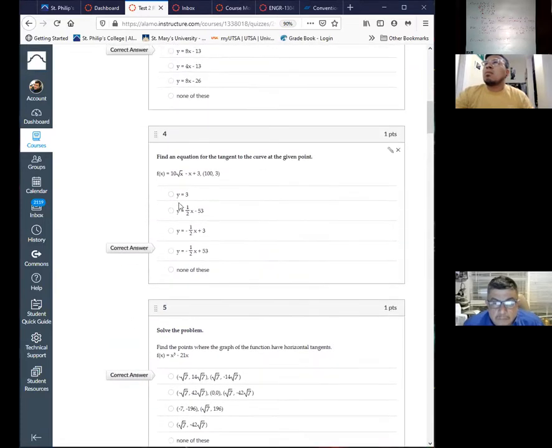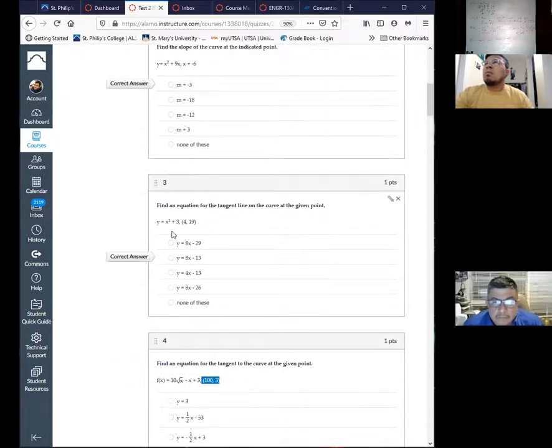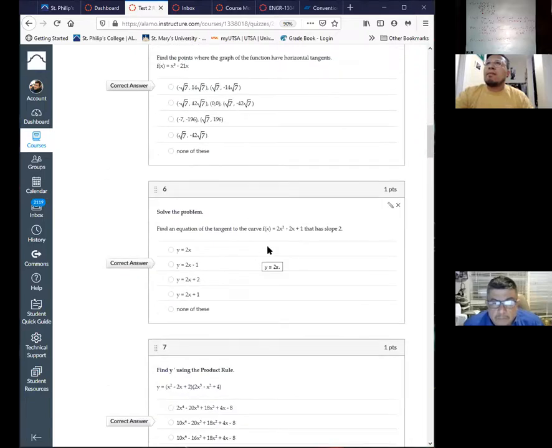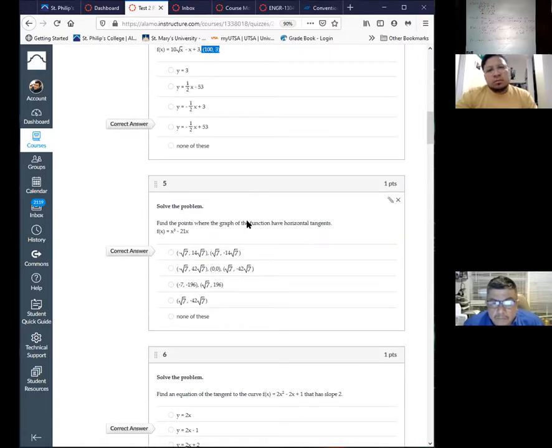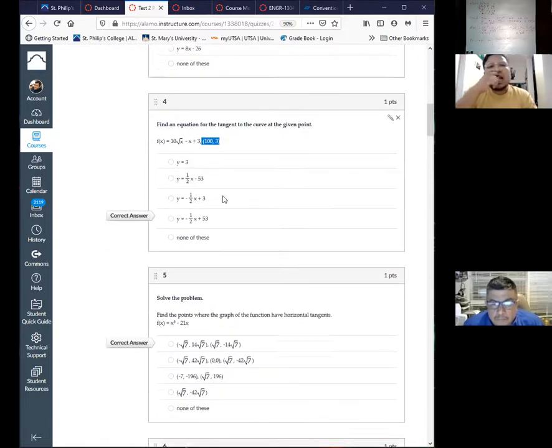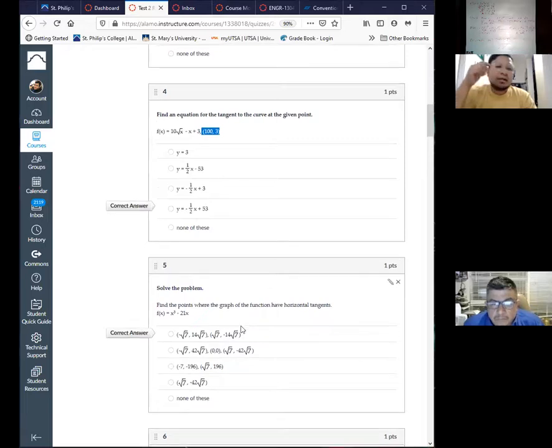Like over here, they give you the x and y, right? Can you just set the derivative equal to 2? Yeah, that's what you're gonna have to do. You take the derivative and set it equal to 2, solve for x, and then you have the x, which you plug in here to get the y. So it'll be a combination of number 2, 3, 4 type of question with a little bit of 5 in there.